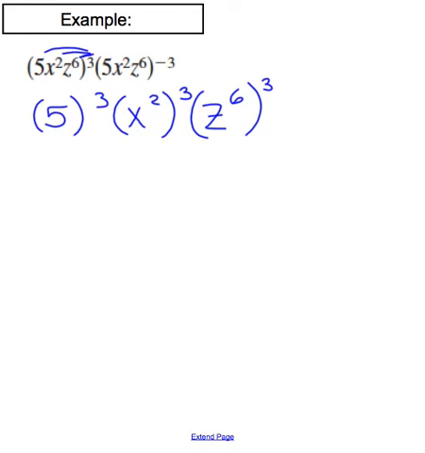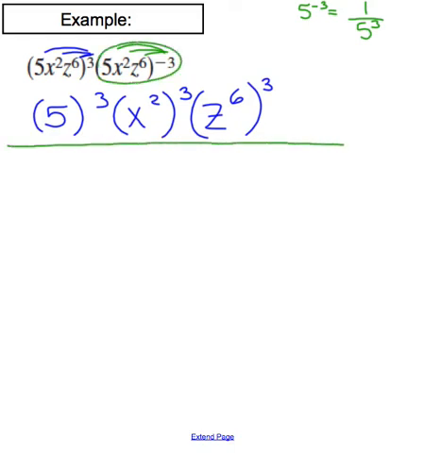Now, before I begin distributing this negative through, if you remember, you can flip that whole thing, and now it makes it a positive. So think about if I have just 5 to the negative 3, and I want to flip it, it'll be 1 over 5 to the positive 3. So this whole thing is going to come down to the denominator, and now it's going to make it a positive 3 power.